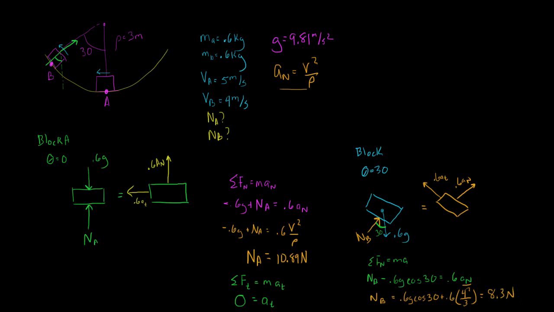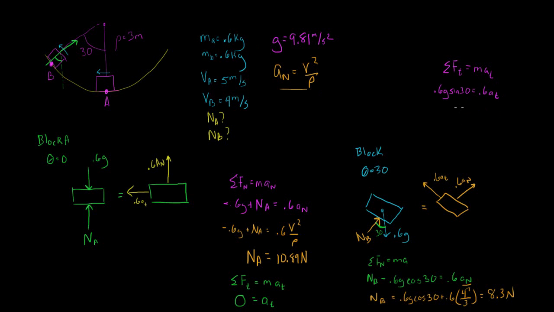And we can solve for N_B, which is our normal force, and we can get N_B is equal to 8.3 newtons. Now, we can also sum our forces in the tangential direction. I guess I'll move it up here. And we're going to figure out what our tangential acceleration is. And this is going to be equal to 0.6g times the sine of 30 is equal to 0.6 times a_t.